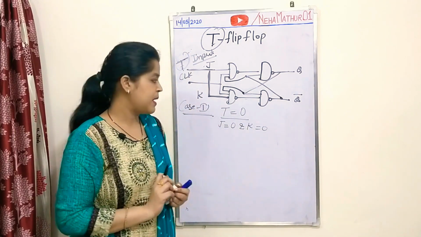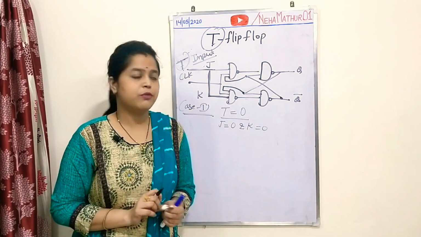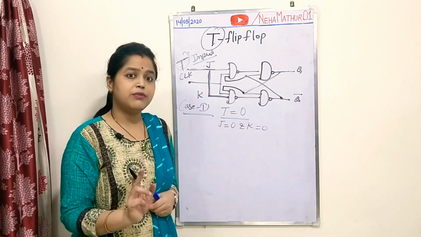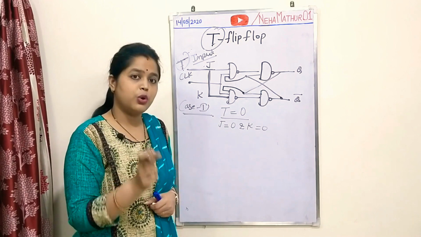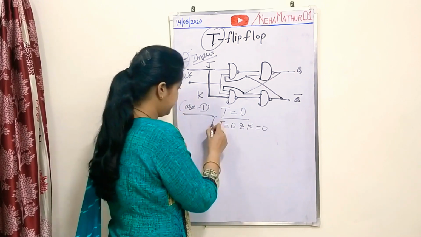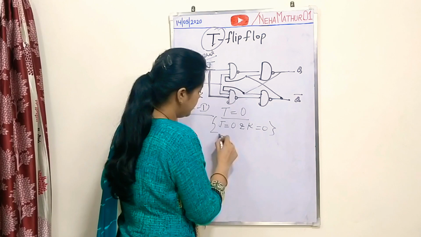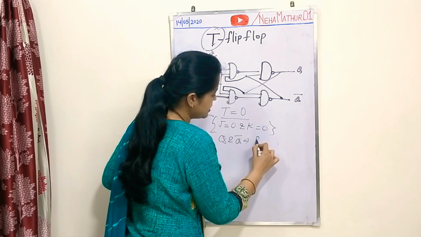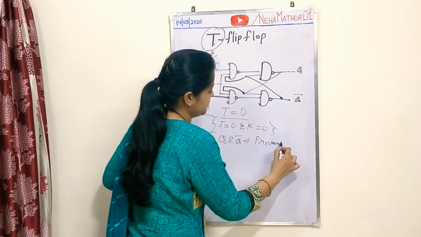And just by following the concept of JK flip-flop, for J equal to 0 and K equal to 0, you can say that your flip-flop will remain in its own state and the outputs Q and Q bar depend on their previous values.